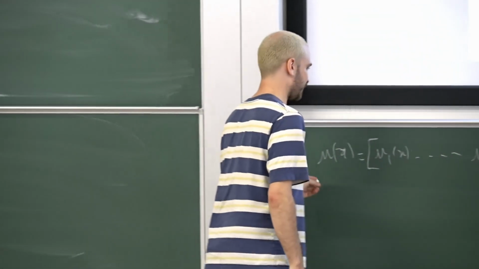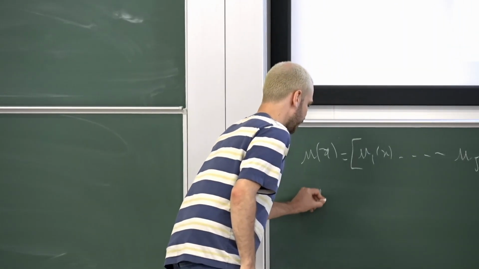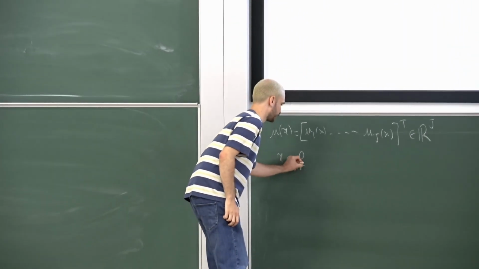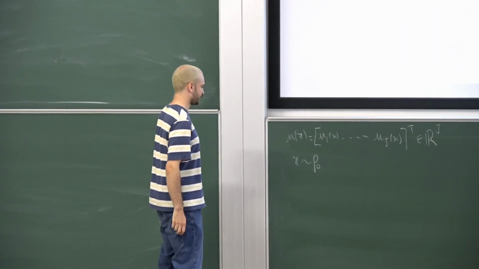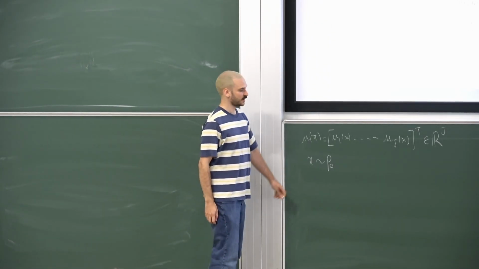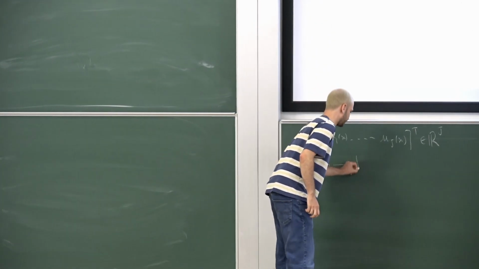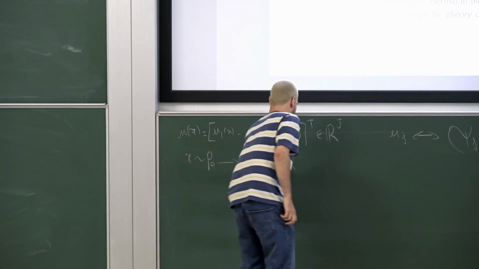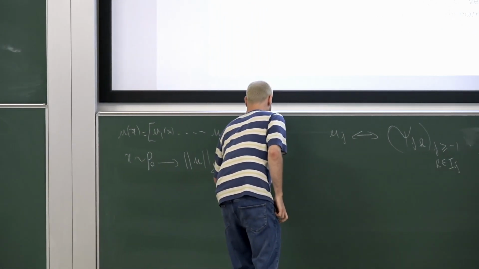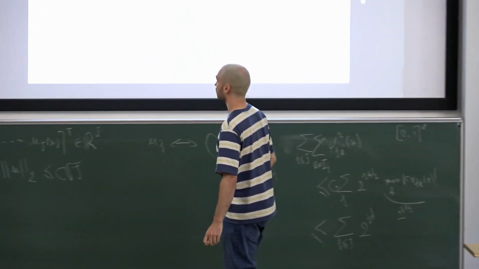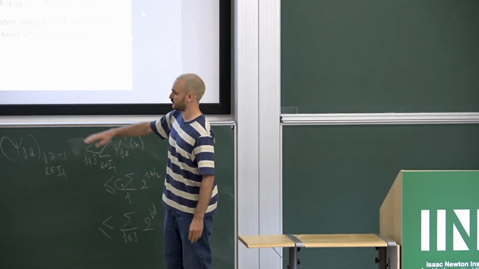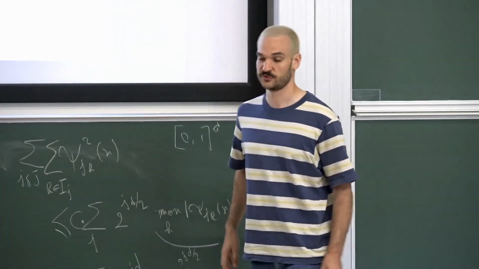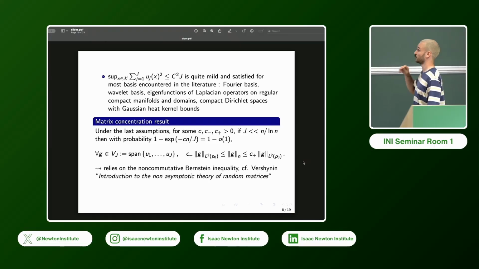And you view this as a random vector in R^J because x is also randomly distributed according to P_0. Basically, the L2 norm of u is almost surely bounded by C root J.